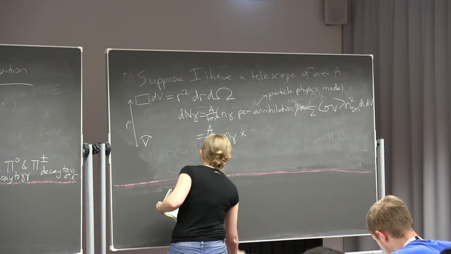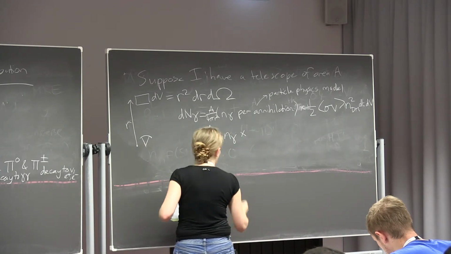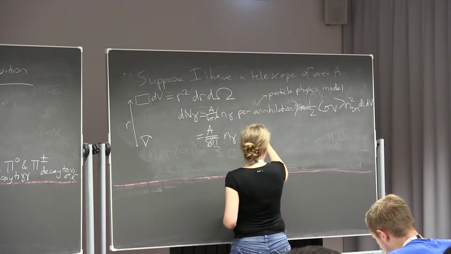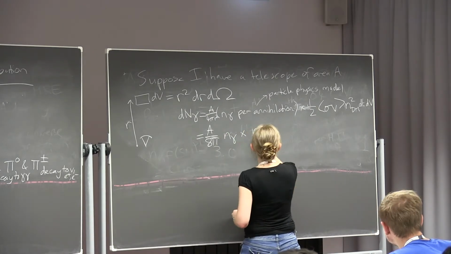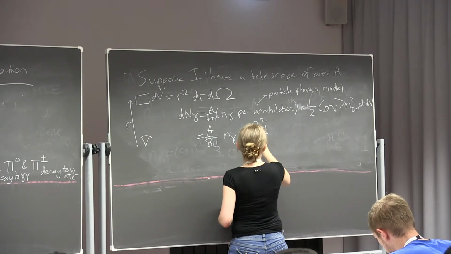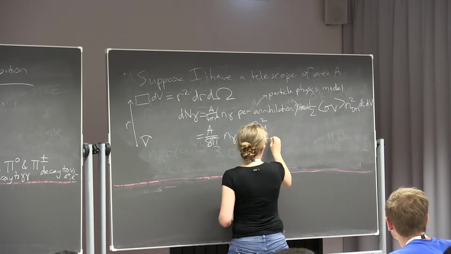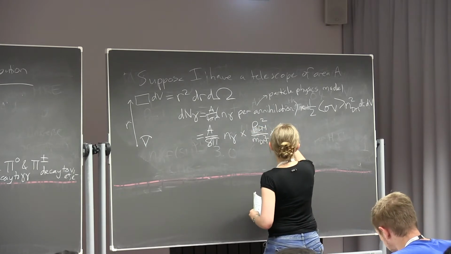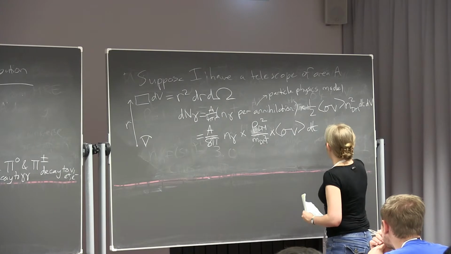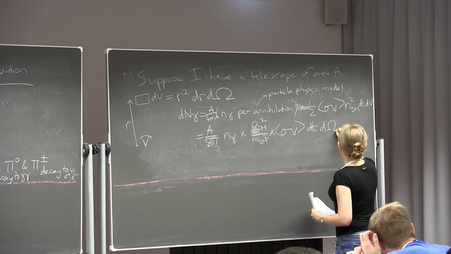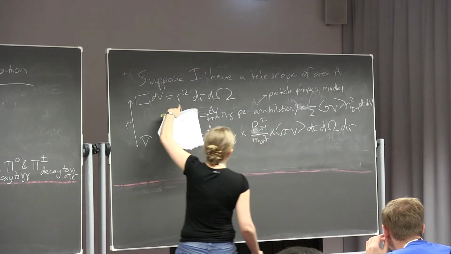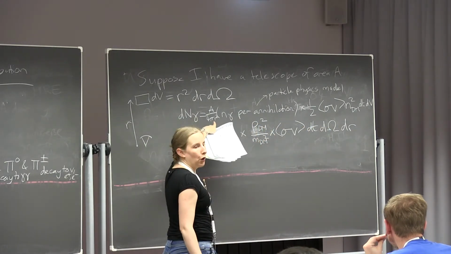Actually, let's pull this factor of 2 out the front, so we'll make this A over 8 pi. We've got a 1 over r squared, and my n_dm squared is rho_dm squared over the mass of the dark matter squared, times sigma v, and then I've got a dt d omega dr. The r squared in this volume element is cancelled by this 1 over r squared.